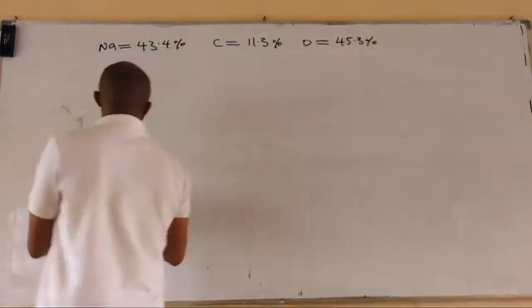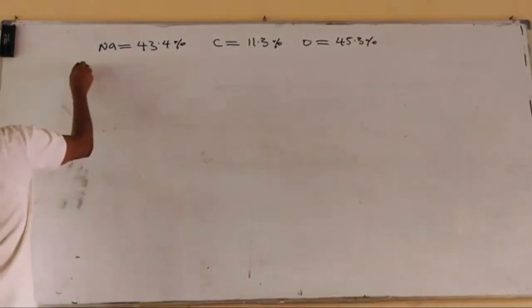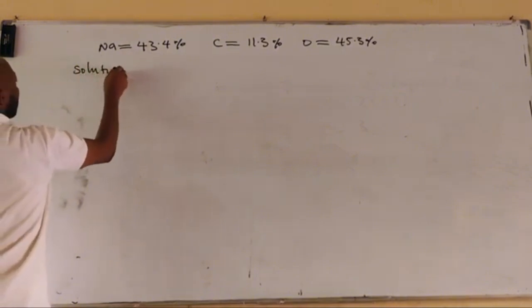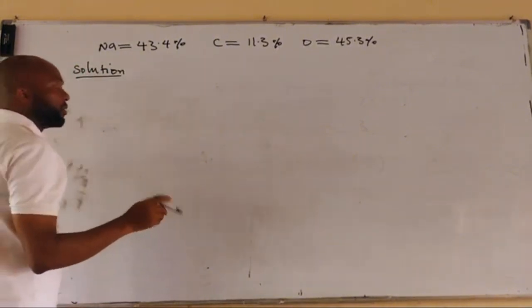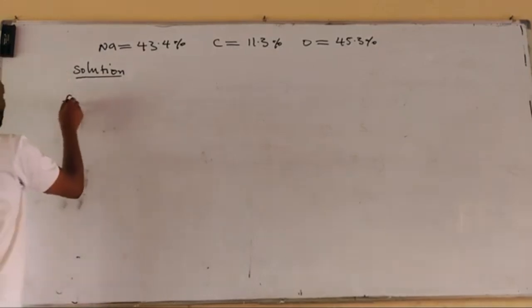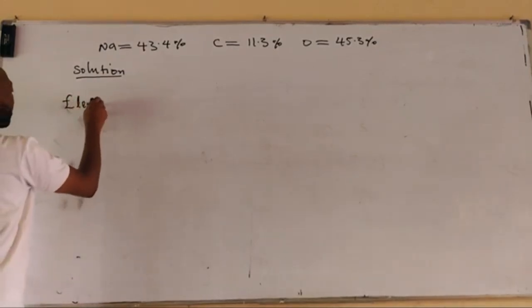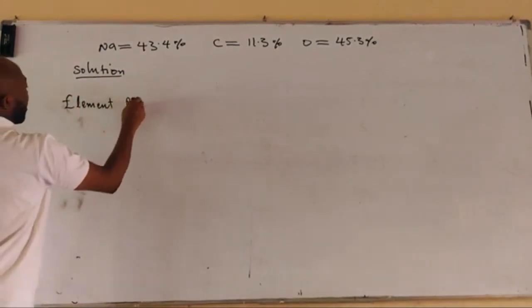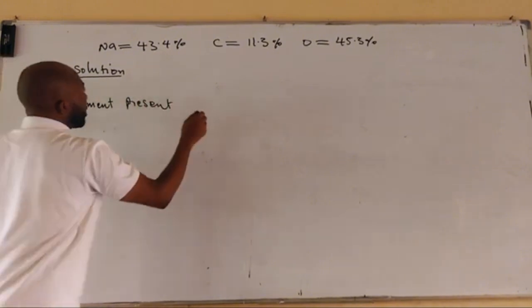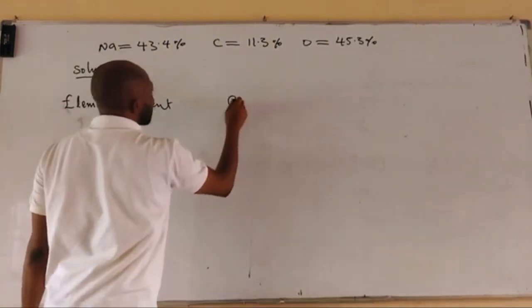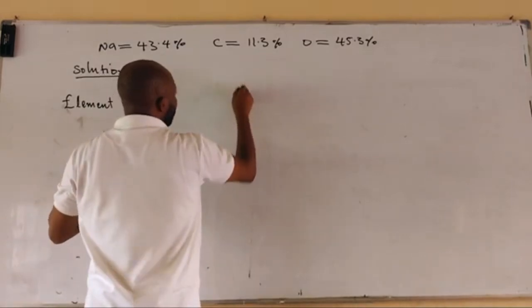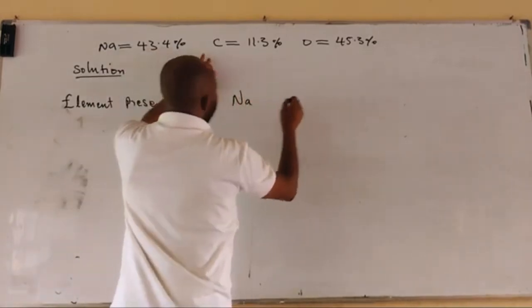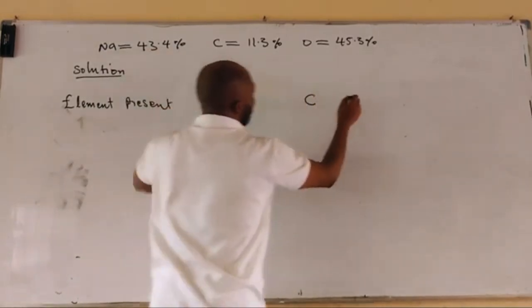So first, we say solution. Now we say element given or element present. We have sodium, we have carbon, and we have oxygen.